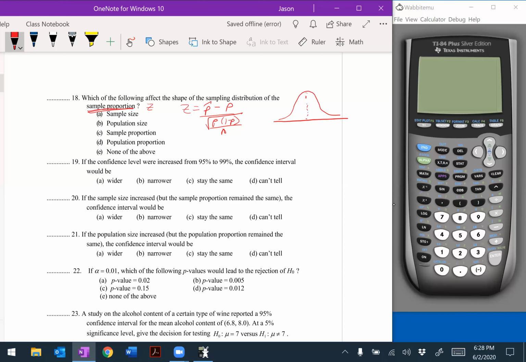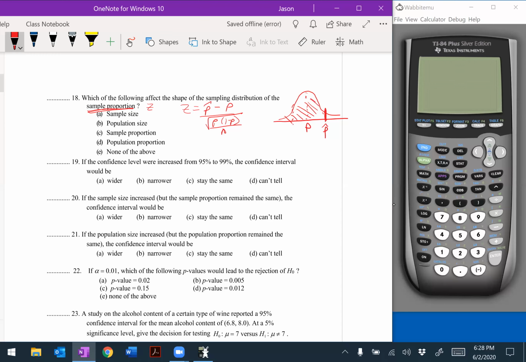Yes, that's correct, it is p. So if I want to find out what the z-score for p hat was, then I would have to calculate that z-score.